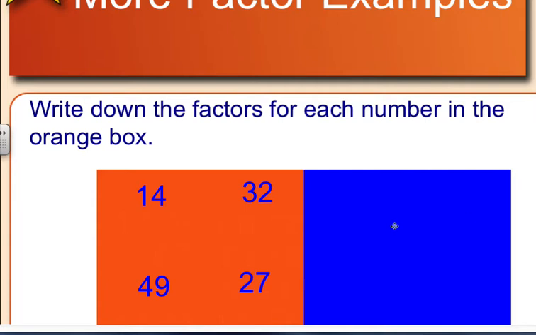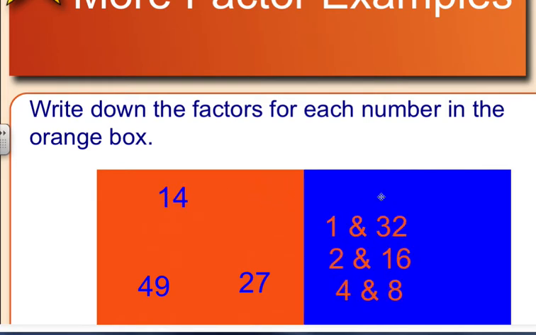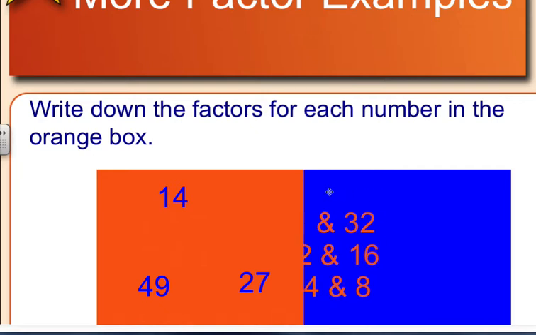Looking at 14, we have the factors of 1 and 14, and 2 and 7. For 32, we have 1 and 32, 2 and 16, and 4 and 8.